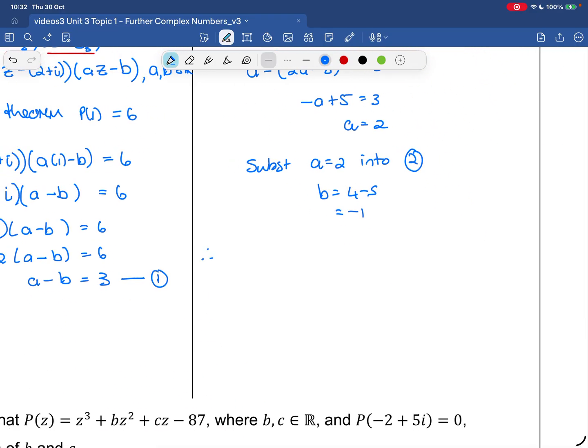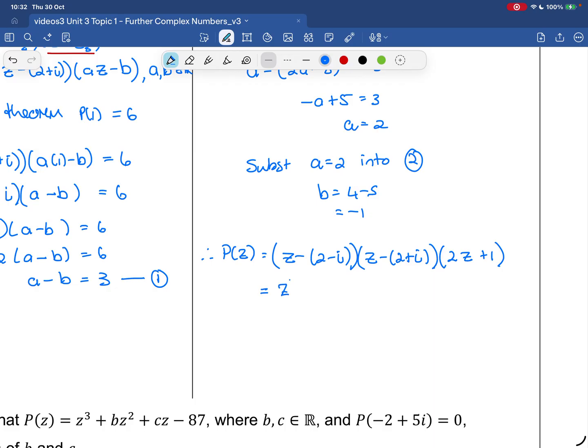So therefore, P of Z is going to be z minus 2 minus I, z minus 2 plus I, 2z plus 1. And I need to expand that.